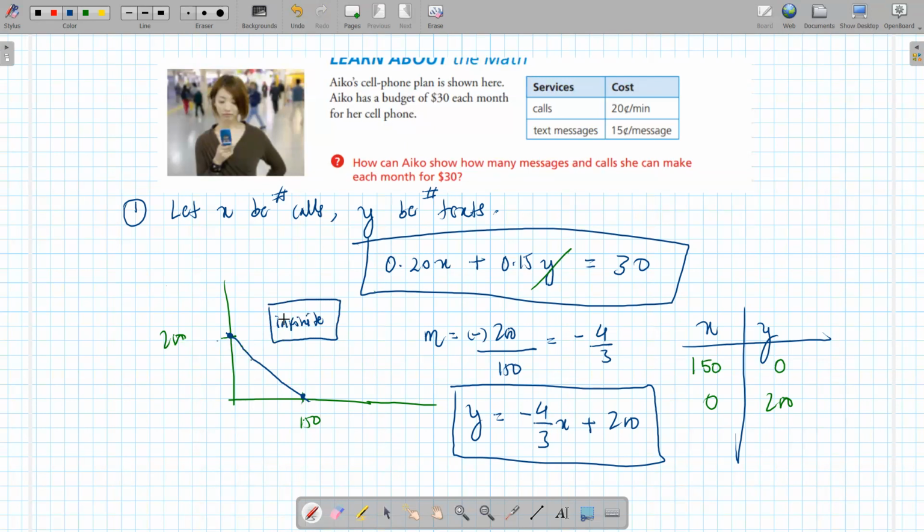So basically she can pick any point. For example, she can pick this point, which represents maybe 50 on the x. Again, this is not to scale, but this could be one of the combos she can do. She can make 50 calls and 150 texts, or you can pick something here. She can make 140 calls and 20 texts, something like that. So she has an infinite number of choices here.